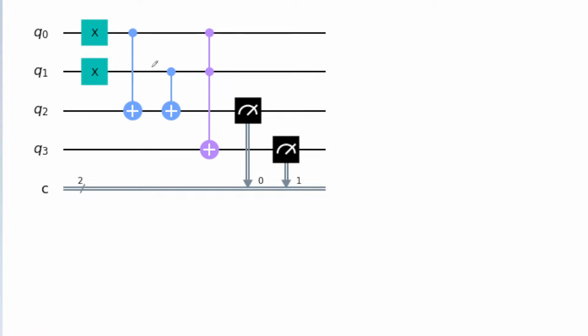Again, control bit is 0, target bit is 1. 0 comma 1, the output is 1. Then with control bit 1 and target bit, we can see it performs NOT on the target, so it is 1, and does nothing to the control.